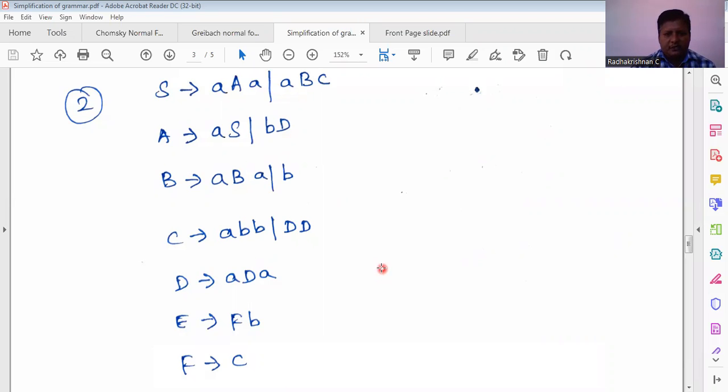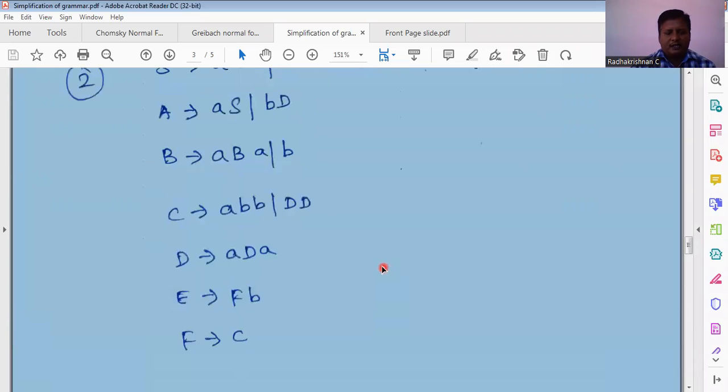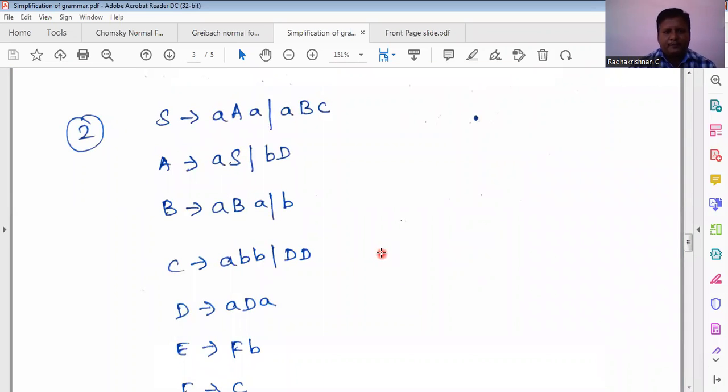Out of this, we need to eliminate the unreachable symbols and useless symbols. First, consider capital A. It is possible to replace either by capital S or B capital D. So for capital D, we have to check A, D, small a.